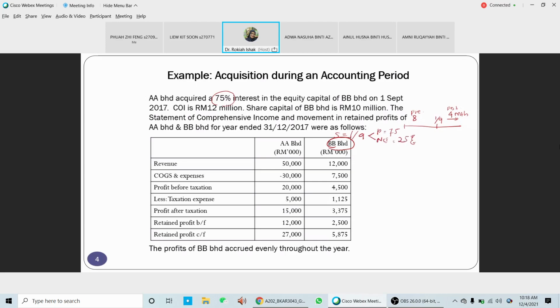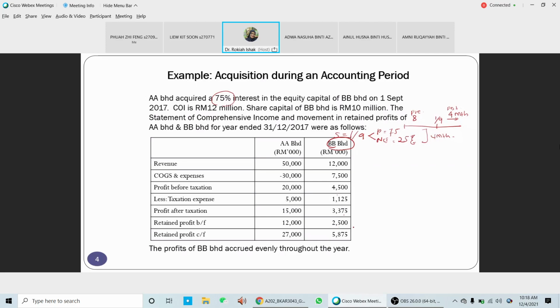So this is what you have for the statement of comprehensive income. You are only entitled to profit for 4 months only. This is the information that we're going to need to know: the revenue, expense, profit before tax, then taxation, profit after tax.